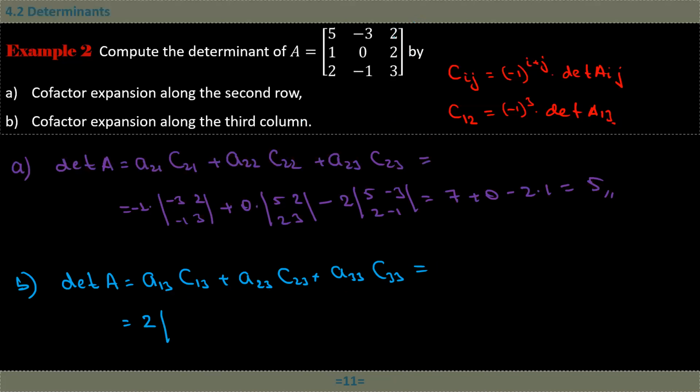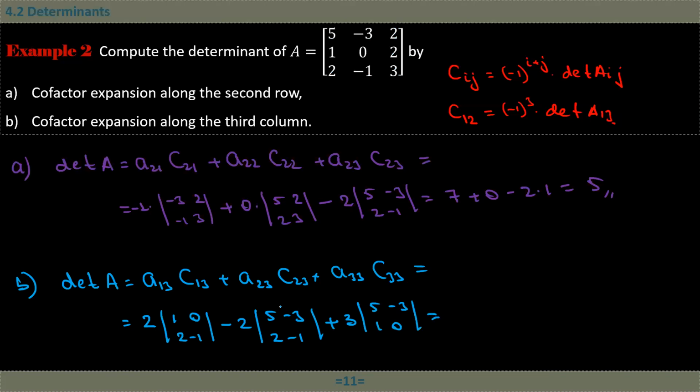Here we delete this column and this row: 1, 0, 2, minus 1. So 1, 0, 2, minus 1. This will be minus a23, that is 2, and delete this column and this row: 5 minus 3, 5 minus 3, 2 minus 1, 2 minus 1. Plus, now the last one is 3, so delete this column and this row: 5 minus 3, 5 minus 3, 1, 0.